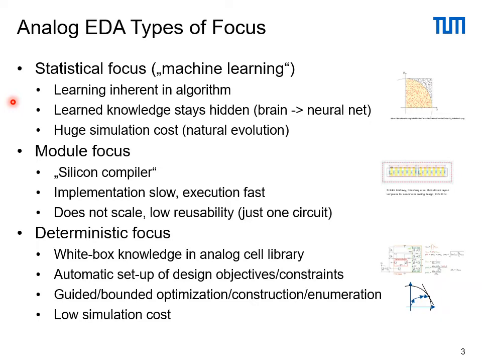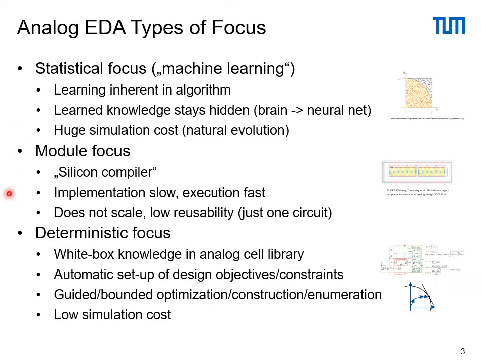You don't have to worry about where you get the knowledge, but the problem is the learned knowledge stays hidden. You move it from the brain of the designer into the neural nets of your statistical method. And as this is somehow reproducing a kind of natural evolution, you end up with huge simulation costs. So this is very costly.